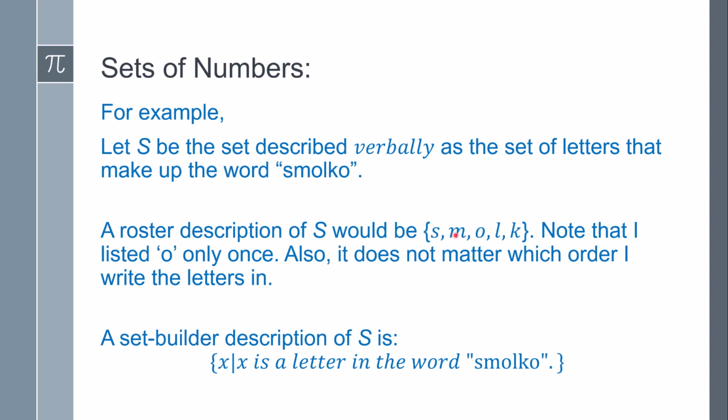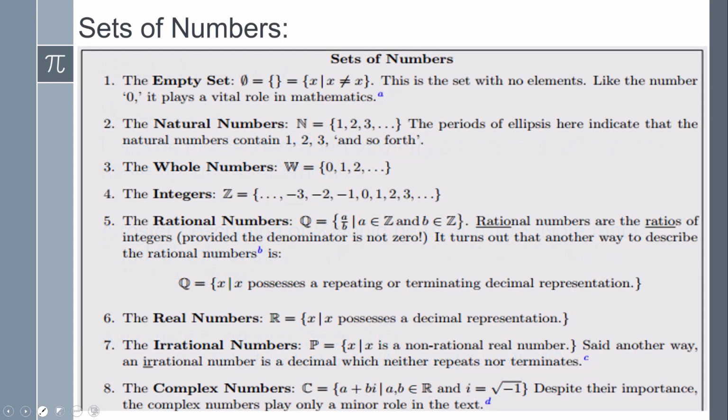Now I did not repeat the O. Then I have the set builder method, where we have a dummy variable that we usually define as x, and then we say x is a letter in the word Smolco. So we start with our dummy variable, and then we define that dummy variable.